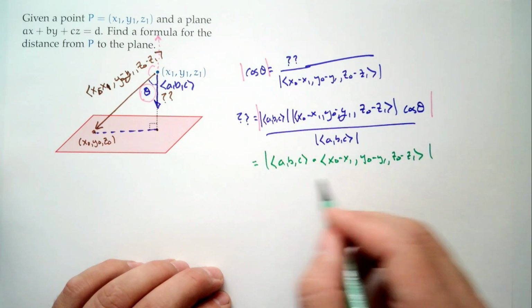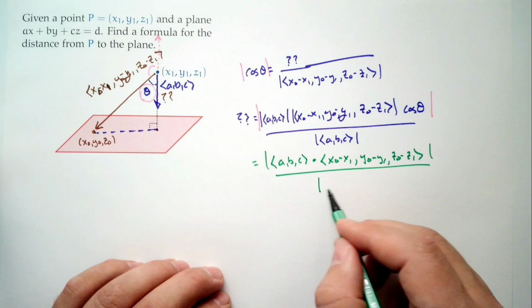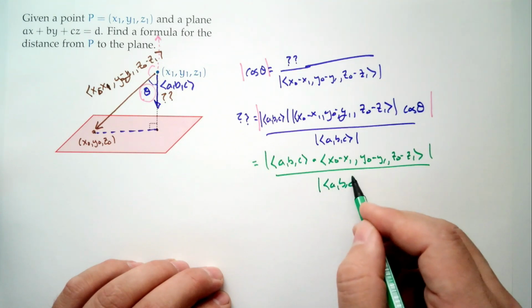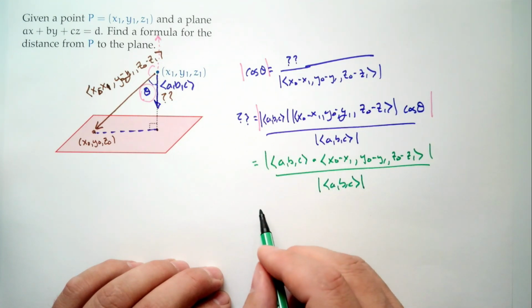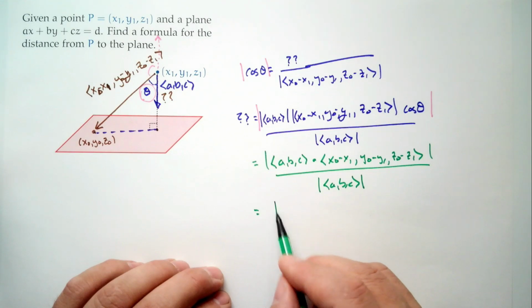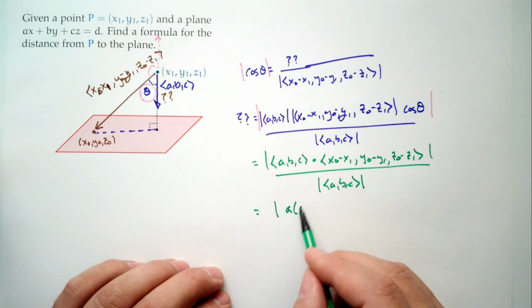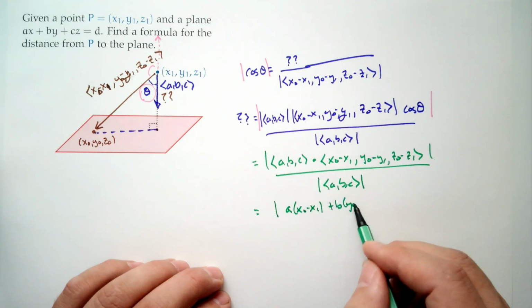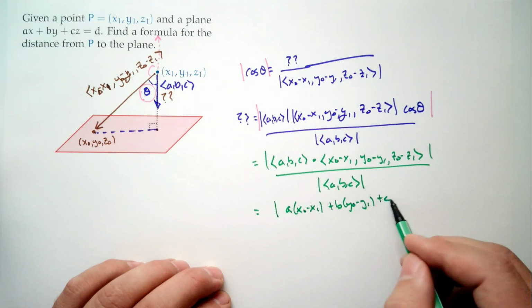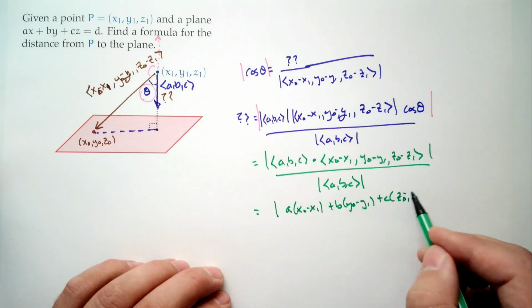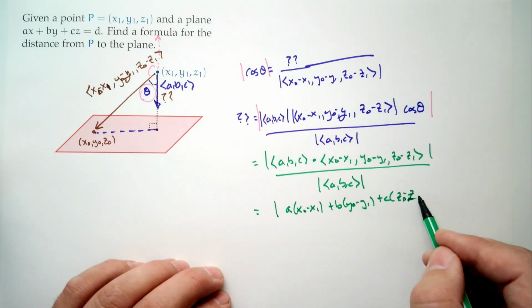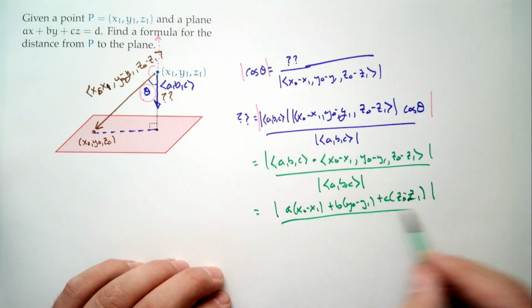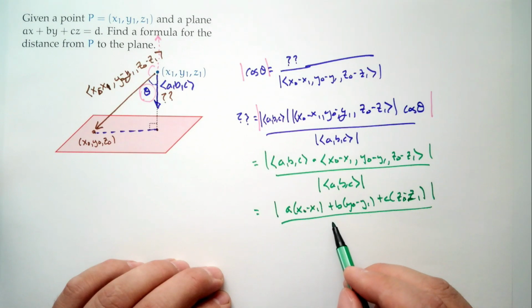Take the absolute value of that and divide it by the magnitude of ABC. Upstairs, this would be A times x0 minus x1 plus B times y0 minus y1 plus C times z0 minus z1. Downstairs, it's the magnitude of ABC.